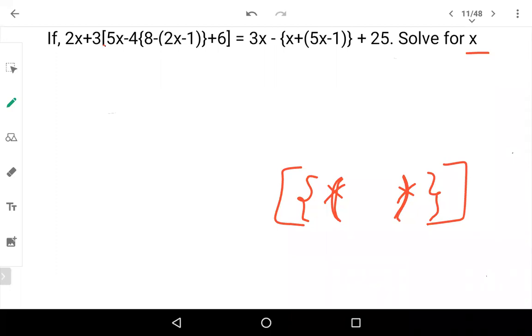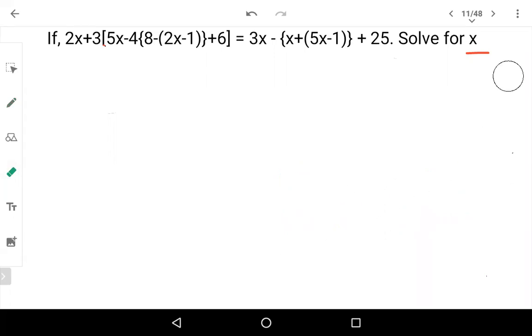You just have to multiply the outer number or the sign whatever is present outside the bracket to remove the bracket. Okay. Same thing happens for the flower bracket also. And at last, we will also remove the box or the square bracket also. Okay. So concentrate well into the problem. We will solve this first and then you can write it down. Okay. So let us start.